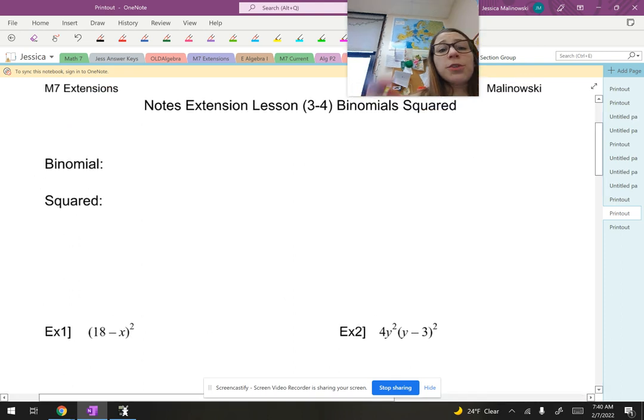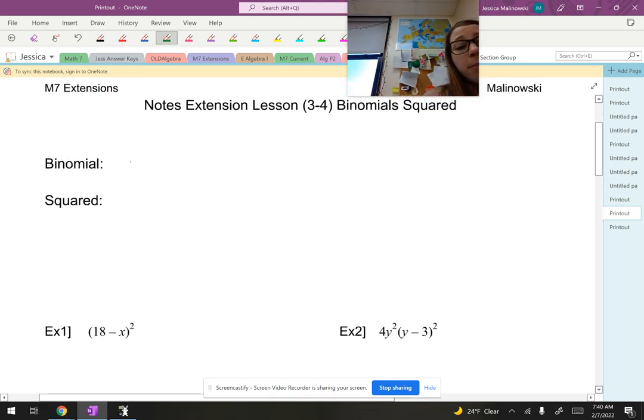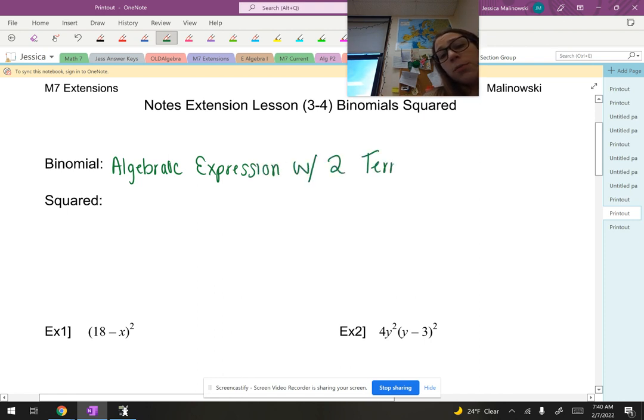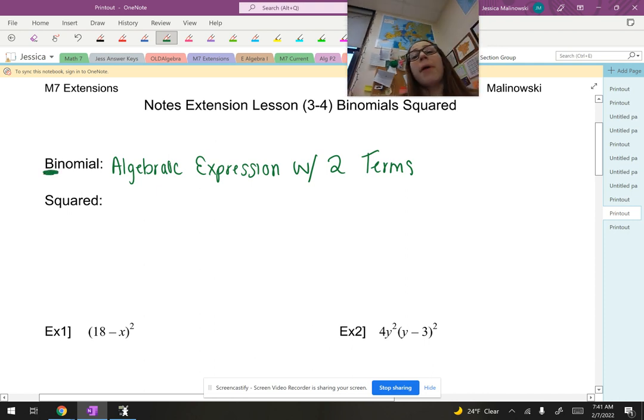So a little bit of review, like we might have talked about earlier, is that a binomial is an algebraic expression with two terms, right? That beginning, that binomial, bicycle, two wheels.